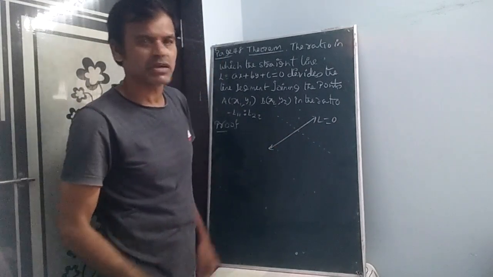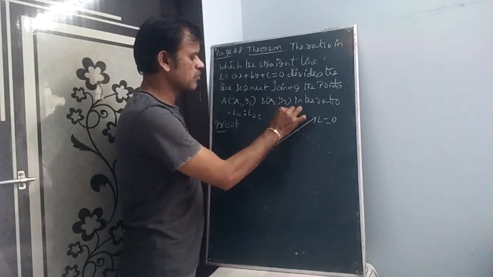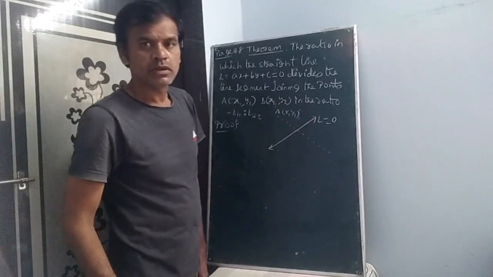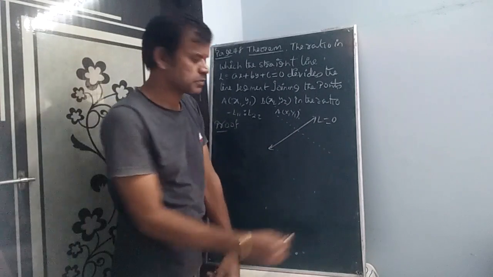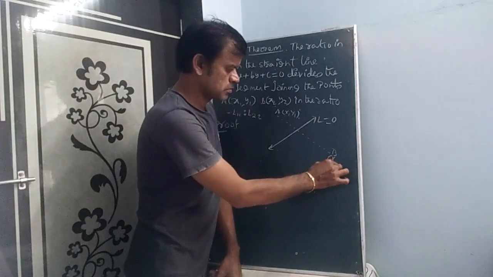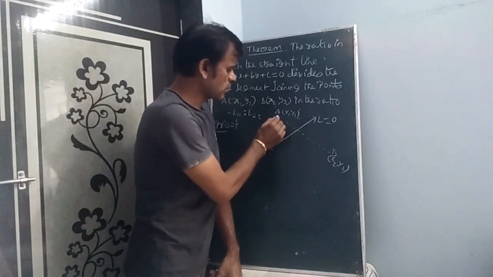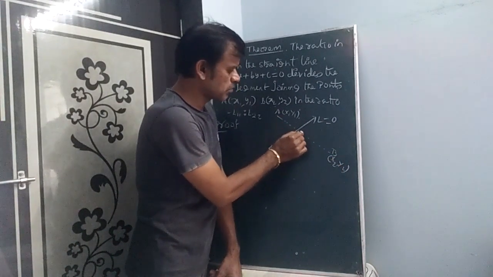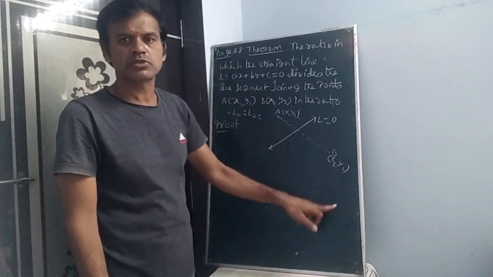This is the line segment joining capital A (x1, y1) and capital B (x2, y2).